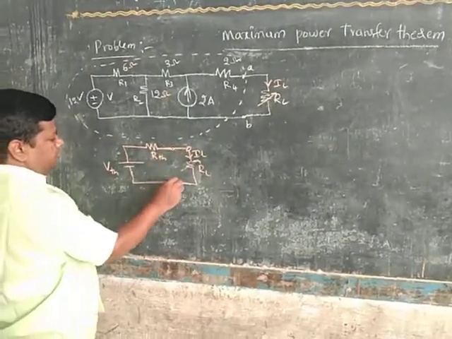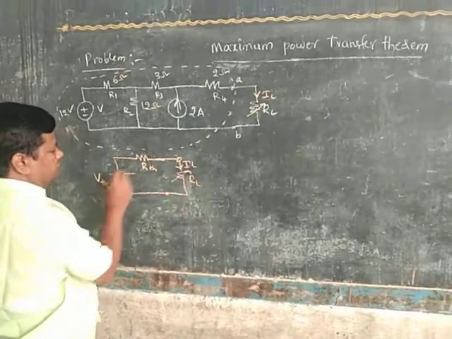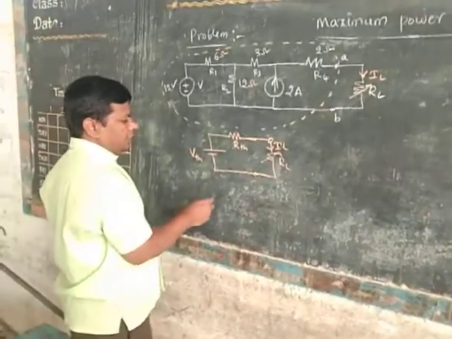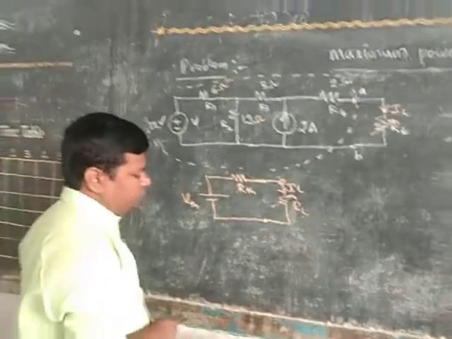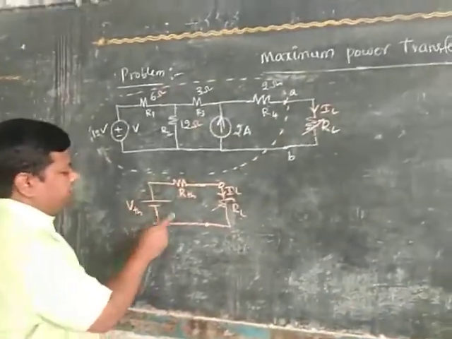Already we know that whenever load resistance is equal to R Thevenin, then only the maximum amount of power is delivered to the load. Then first of all find out the R Thevenin.